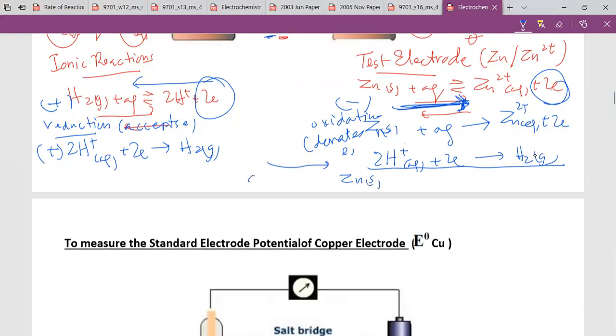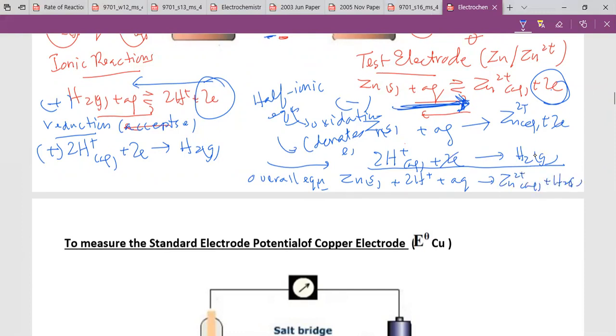It's called the overall equation, while these are called half ionic equations. So the overall equation is Zn plus 2H+; the electrons cancel off. Zn solid plus 2H+ aqueous goes to Zn2+ aqueous plus H2 gas.